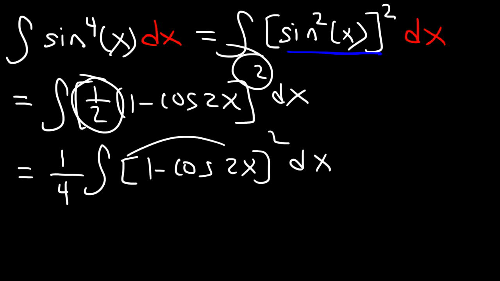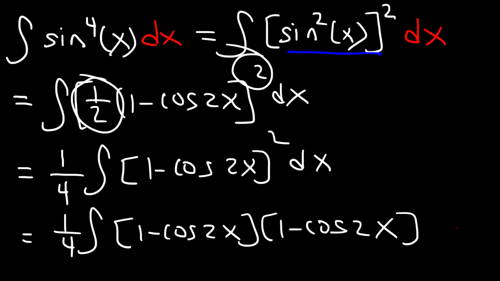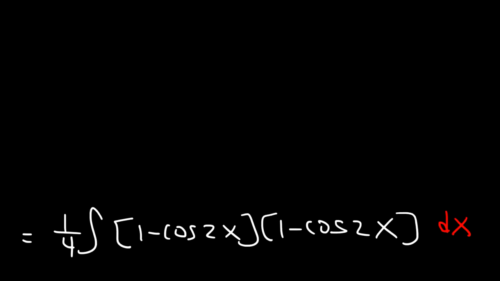Now we need to expand this expression before we can integrate it. So I'm going to FOIL 1 minus cosine 2x with another 1 minus cosine 2x. Now let's FOIL. So first we have 1 times 1, which is 1.